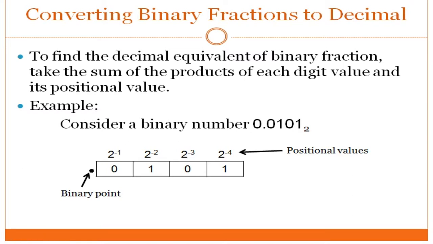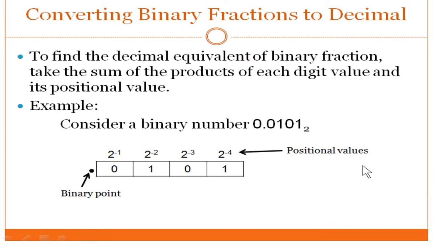But in the fractional part you have to start from 2 to the power minus 1 and go in left to right order. So 2 to the power minus 1, 2 to the power minus 2, 2 to the power minus 3, 2 to the power minus 4. So here for example 0.0101 should be written like that, and then you just write above that 2 to the power minus 1, 2 to the power minus 2, 2 to the power minus 3 and 2 to the power minus 4.